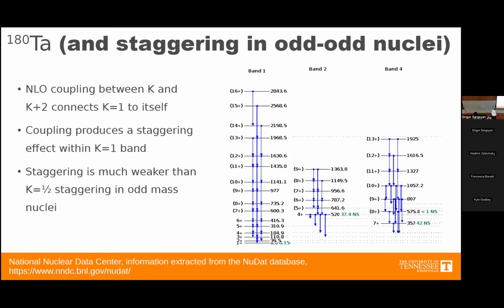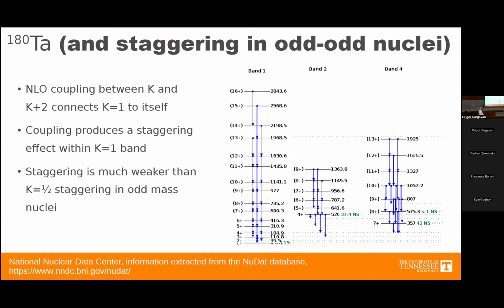So looking at another example here, we looked earlier at a self-coupling that can occur due to the Coriolis-like operator, the k plus I minus plus k minus I plus. We also have at next to leading order that operator squared appearing in the Hamiltonian.